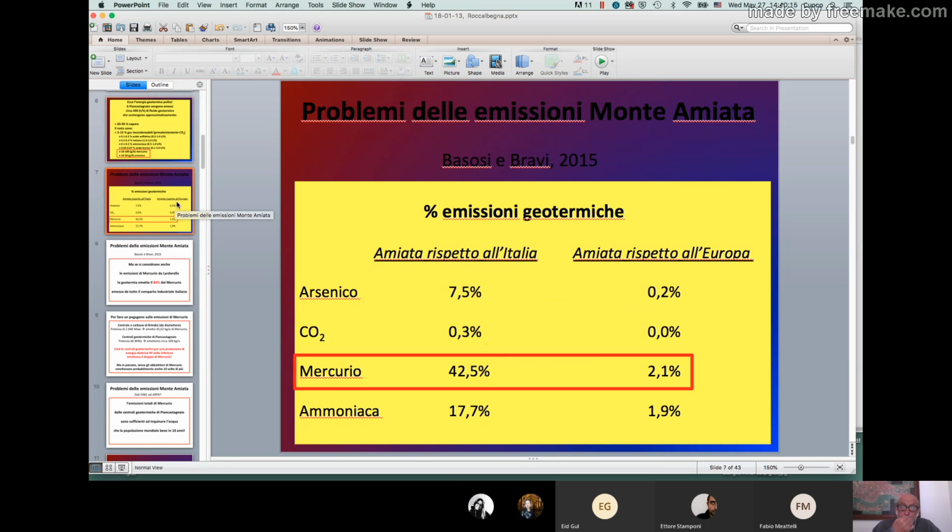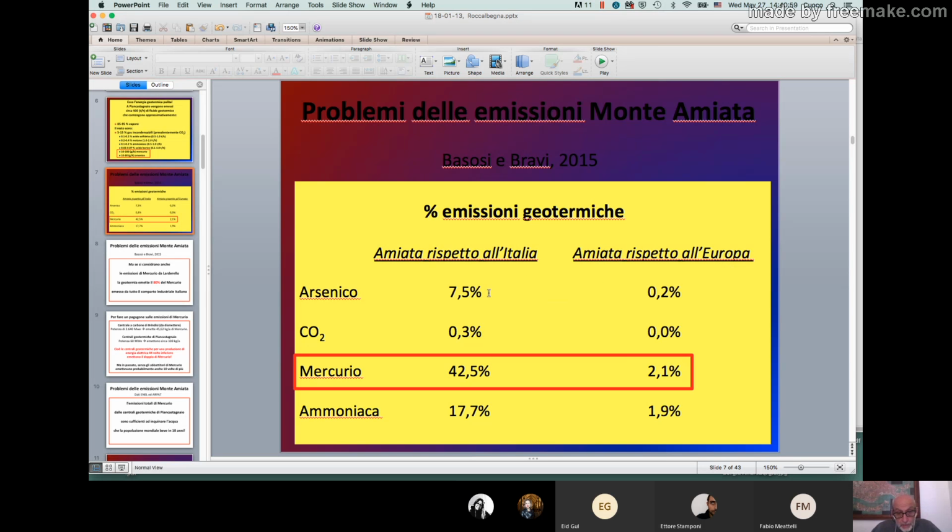Let's compare a few of these pollutants to the emissions. This data has been published by Bravi and Bazzosi in 2015. You should have this paper as well so you can check the values. So these are percent of emissions from Amiata with respect to Italy and with respect to Europe, but with respect to the emissions of all industry in Italy and all industry in Europe.